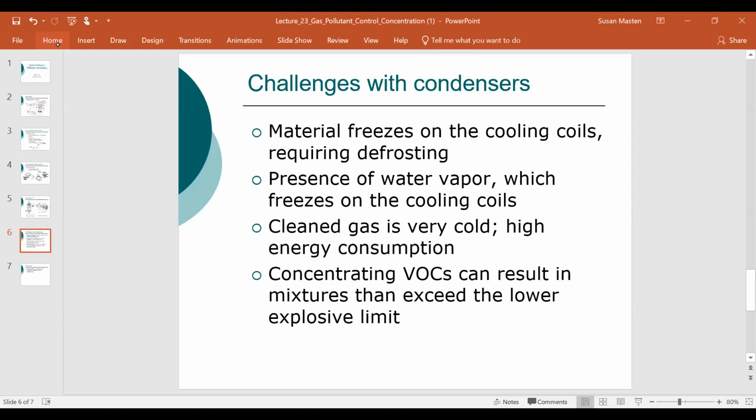The major challenge with these is the same challenge that we have actually with most refrigerators. It's just material freezing on the cooling coils. And this is especially problematic when you need high efficiencies. If that's the case, then the temperature is less than the freezing temperature of the material, and that requires frequent defrosting.